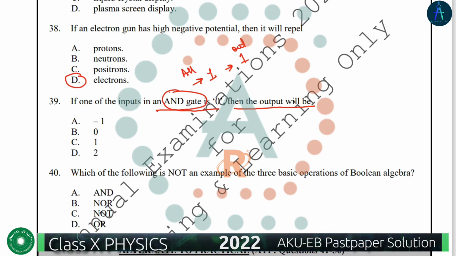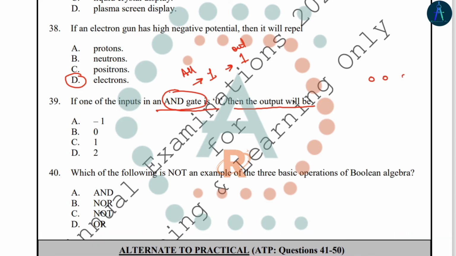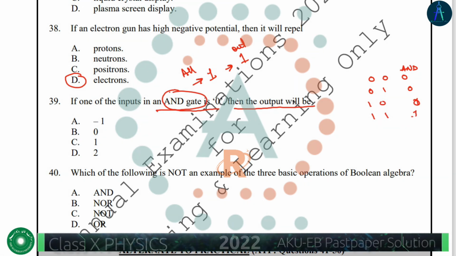If any of the inputs is 0, the output is 0. This means 0, 0 becomes 0 in AND, while 0, 1 is 0, 1, 0 is 0, and 1, 1 is 1. This is the truth table for the AND operation. So in this case, option B is the right answer.